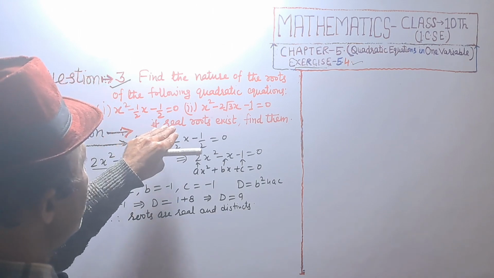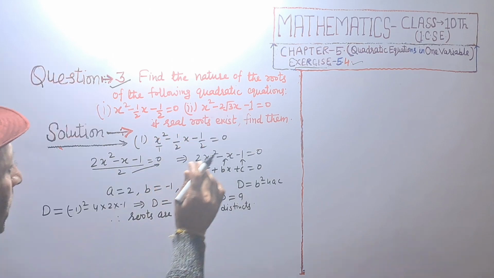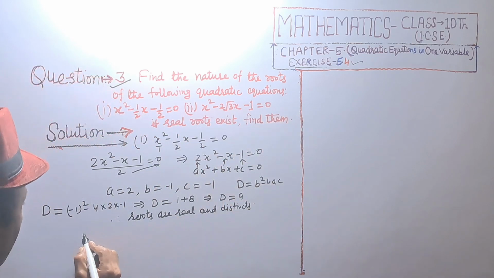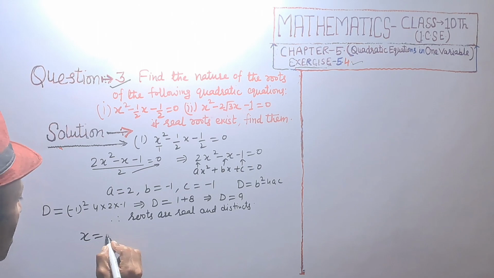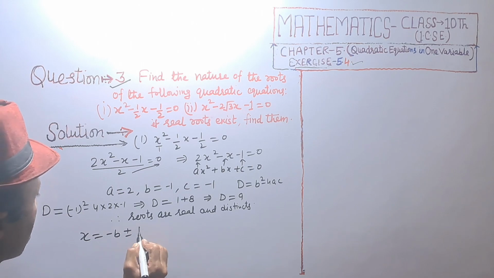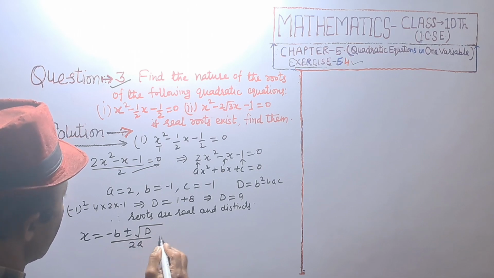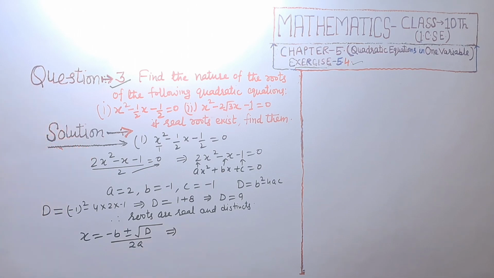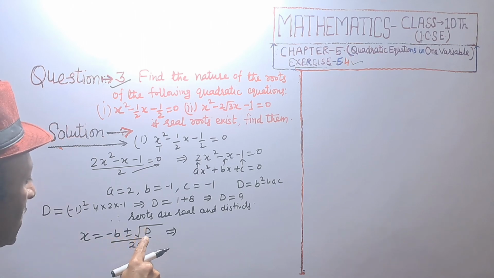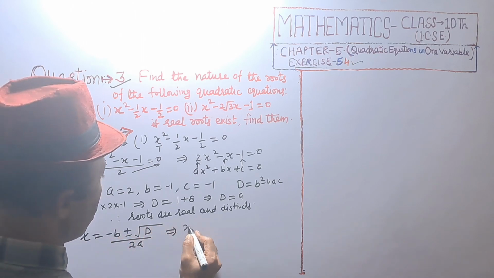And if real roots exist, find them. x is equal to (-b ± root D) upon 2a.